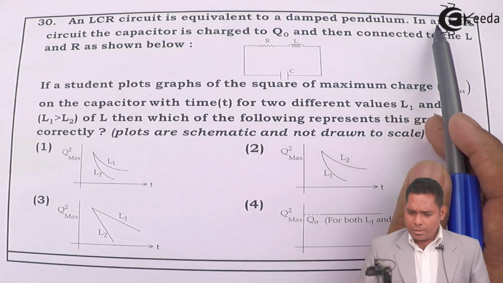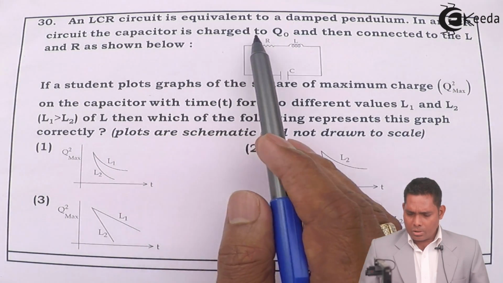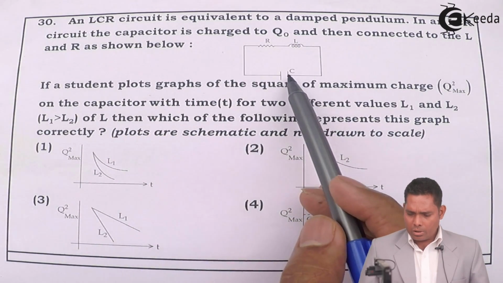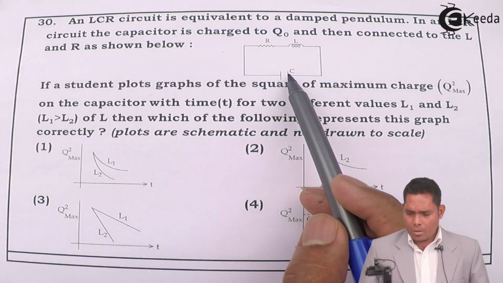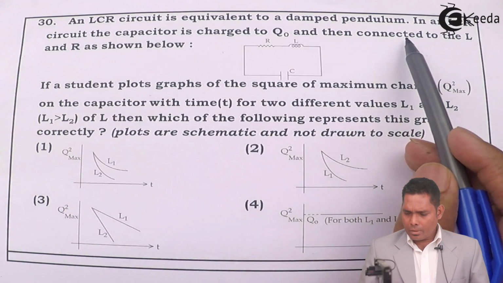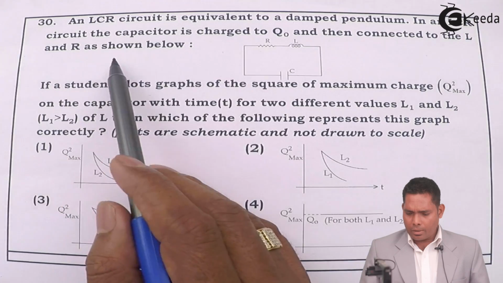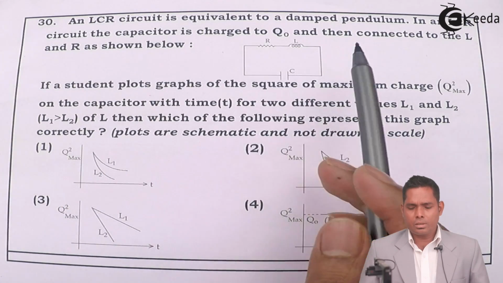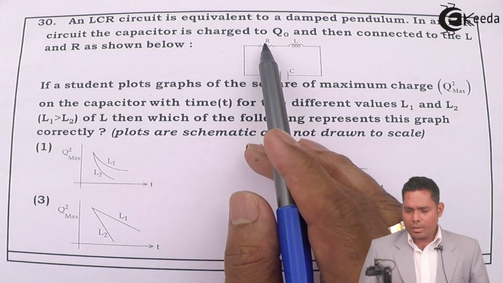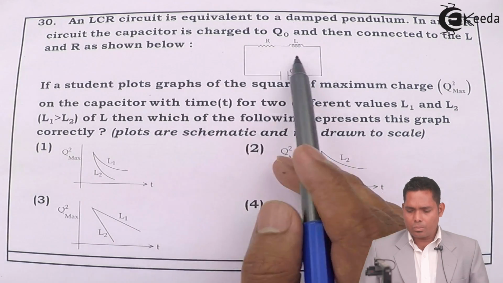Now the question is, in an LCR circuit, the capacitor is charged to Q naught and then connected to L and R, as shown below.